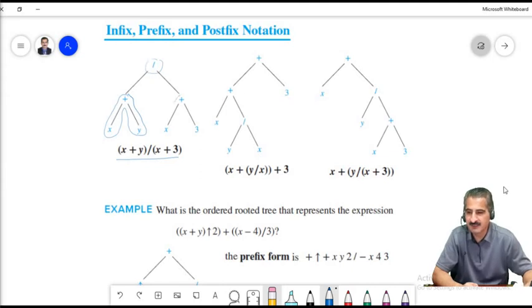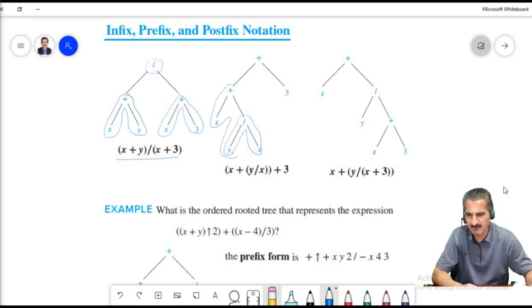The addition of x and 3. Okay, so we get that. In here it says we will divide y by x. Once we are done, we will add that to x.